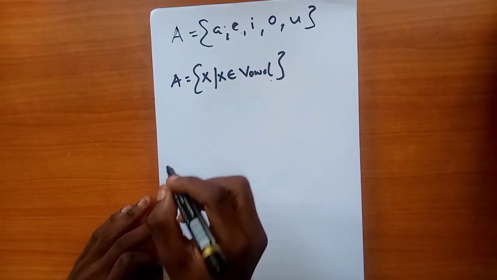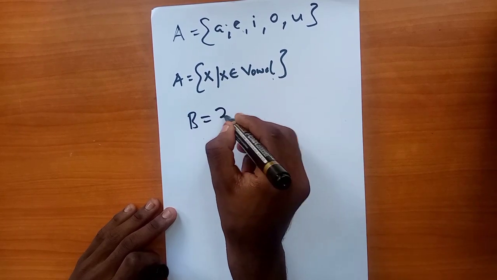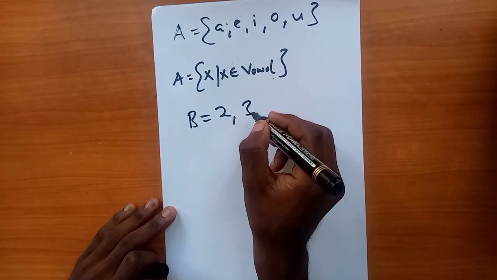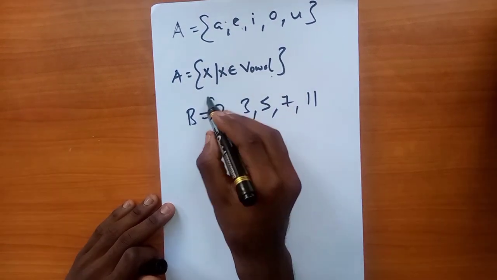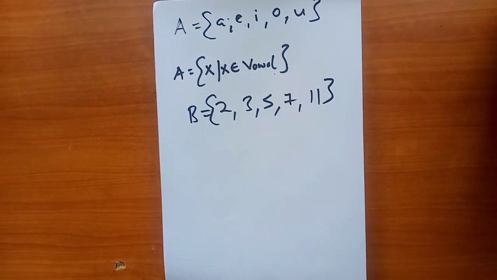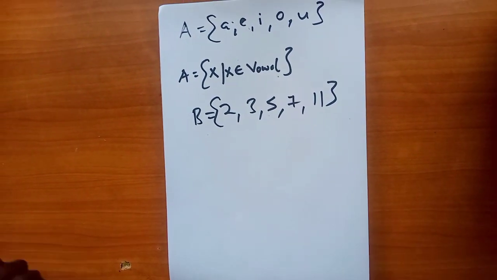Then let's say you've got a set B that contains elements 2, 3, 5, 7, 11. You realize there is no pattern that you can come up with to describe these numbers. So you simply use words.